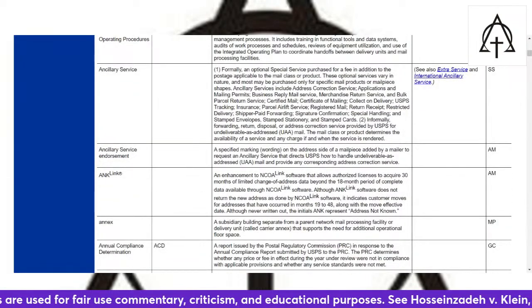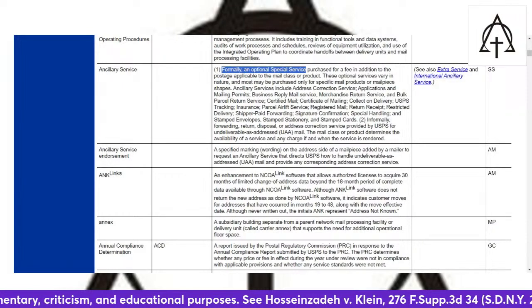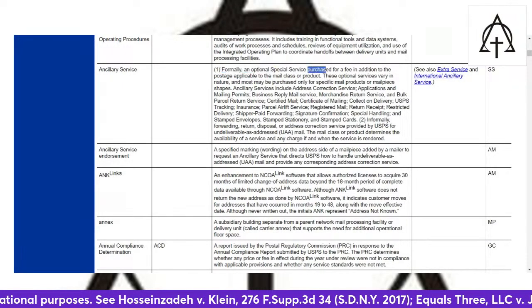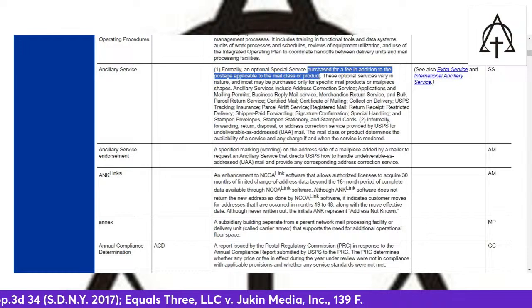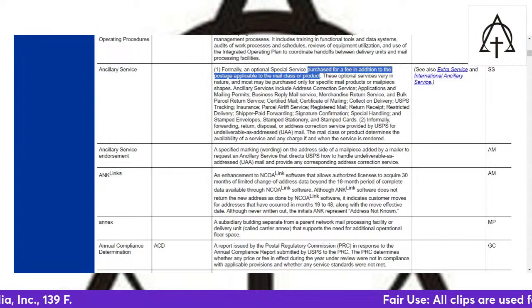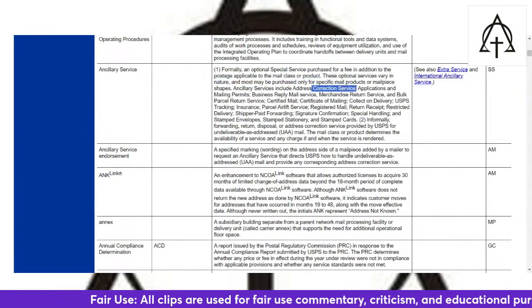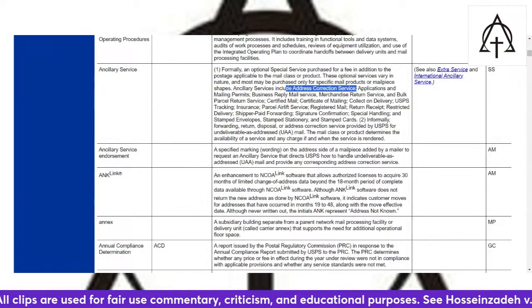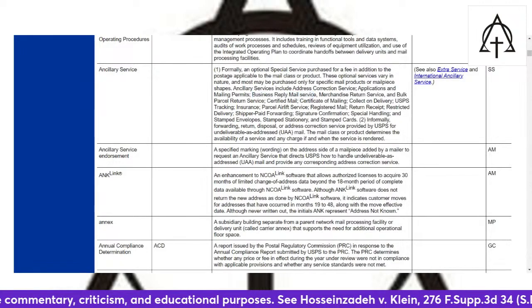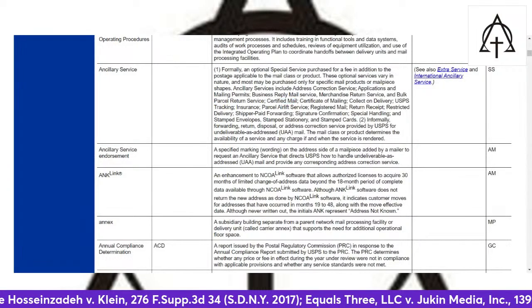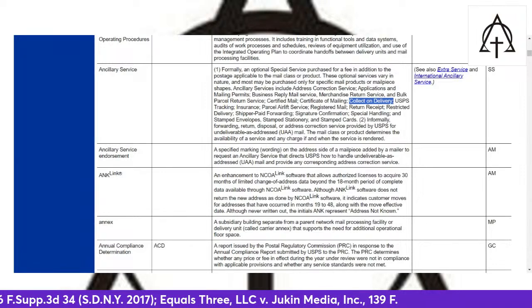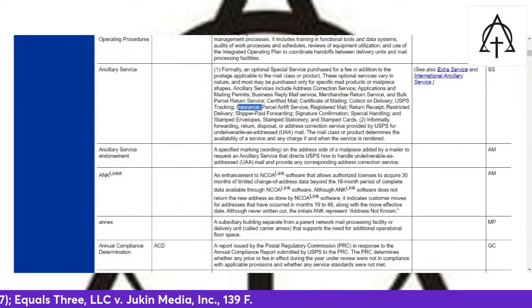Ancillary service, formerly an optional special service, one that you could select, purchased for a fee in addition to the postage applicable to the mail class or product. These optional services vary in nature, and most may be purchased only for specific mail products or mail piece shapes. Ancillary service includes address correction service, applications and mailing permits, business reply mail service, merchandise return service, bulk parcel return service, certified mail, certificate of mailing, collect on delivery, USPS tracking, insurance.